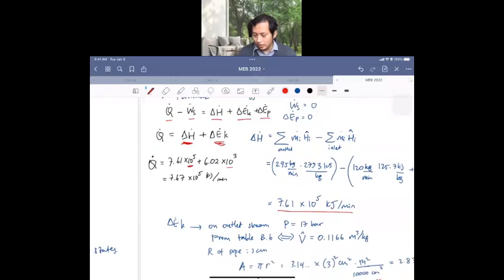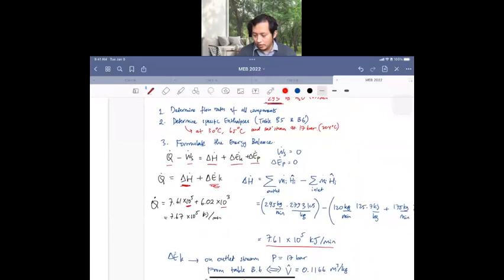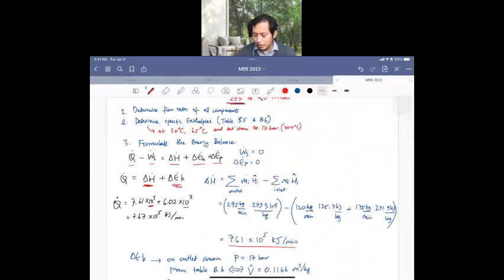Okay, any questions from here? So the key: first, draw your diagrams. Second, determine at least the flow rates for each component. Second, the enthalpy, which will be a very significant clue.